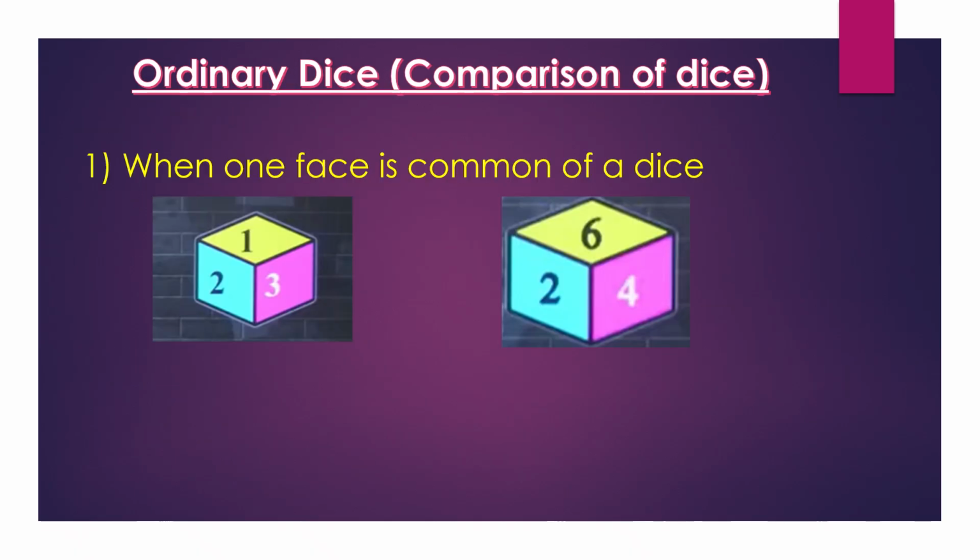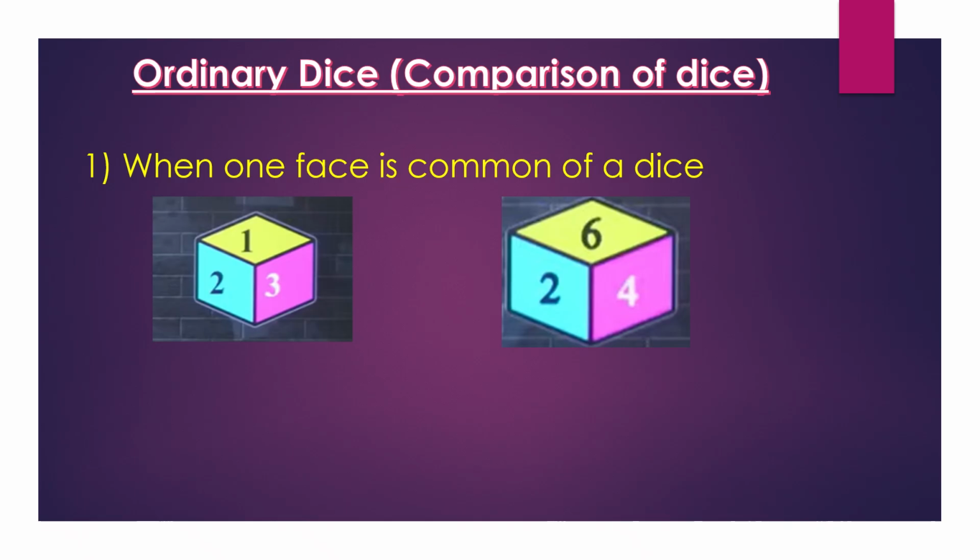I told you just now that questions are basically not asked on the standard dice, but on the ordinary dice they are. Here, in the ordinary dice, there are two things you need to remember.